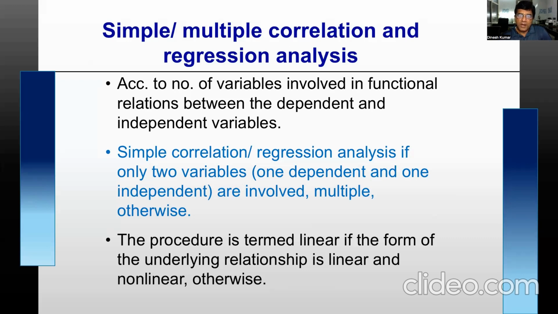Normally we write R for correlation coefficient and R square for coefficient of determination. Anybody has any idea about the difference? Anyone has idea? No idea. So today you will see the difference between correlation coefficient and coefficient of determination.